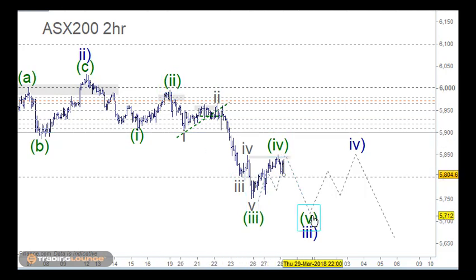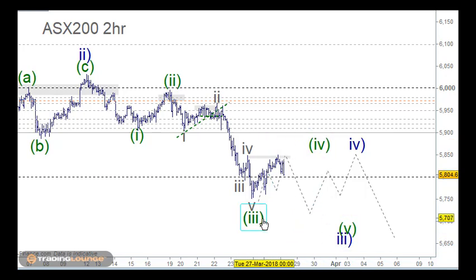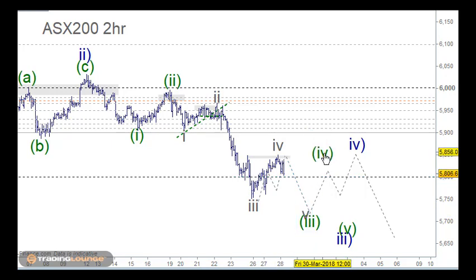If I've made a mistake in here at all, the mistake would be that this would be the count here. So 1 and 2 and 5 waves down for the third wave, fourth wave, fifth wave, and then we get this wave over here. So we'll have another set of structures over here as well.